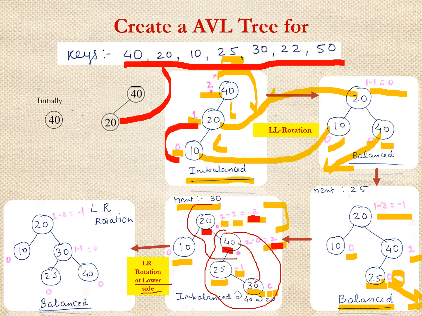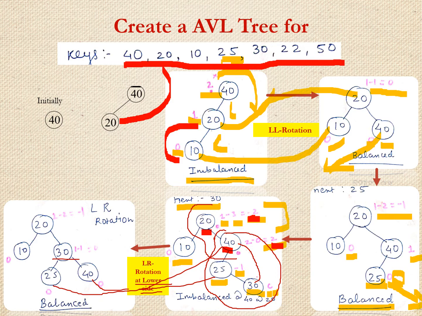Here this 40 is shifted now, and the 30 becomes your root. Okay, now again you verify whether the tree is now balanced or not. Your 25 node is as it is. Now you can verify the rest of the elements are the same.